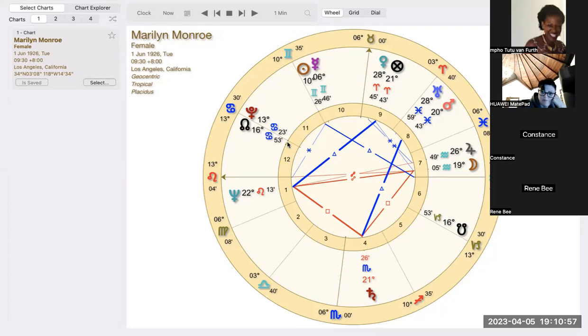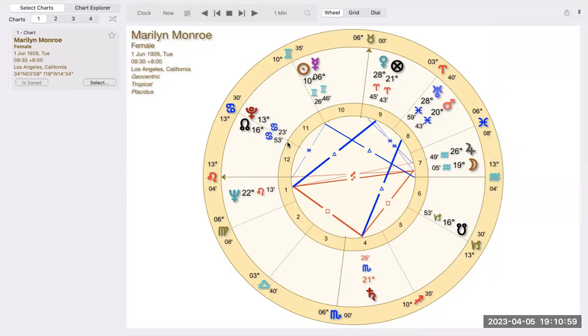Yeah, which I also have. So with your ascendant in Taurus, your first house is ruled by Venus. Yes, that's correct. And so your appearance would be more Venus than Leo.